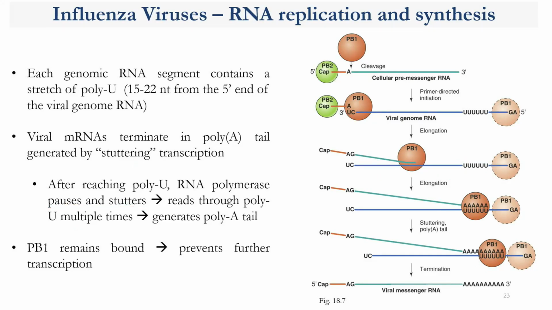Now, PB1 will remain bound. So as it gets past the poly-U's, one of these will remain bound, and as a result, it doesn't undergo full transcription. The transcription stops here, and you make your mRNA. Okay? Everyone clear? I know it's a little bit complicated, but please go through this step by step, and you will be able to understand it.